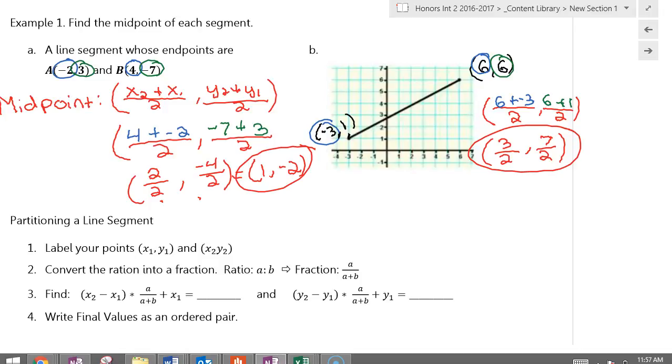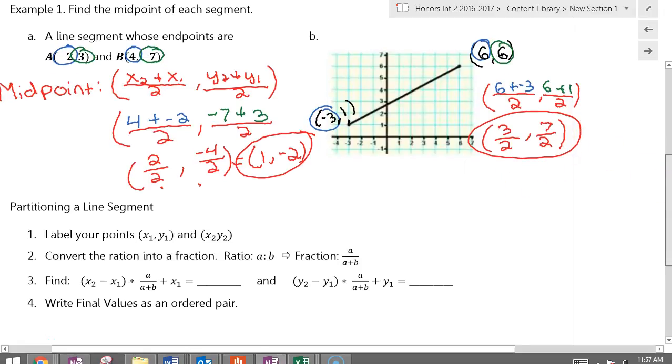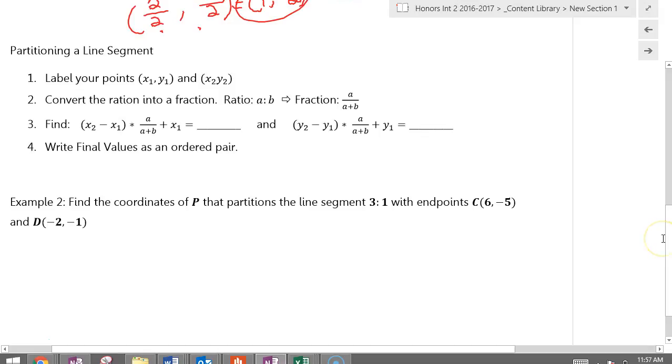Now we're going to look at something that we call partitioning a line segment. So a midpoint will split my line segment directly into two congruent pieces. Okay, so it's exactly halfway. But let's say I want to go a third of the way, a fourth of the way, any other fraction. Then what we're doing is actually partitioning a line segment. We're not finding the midpoint.